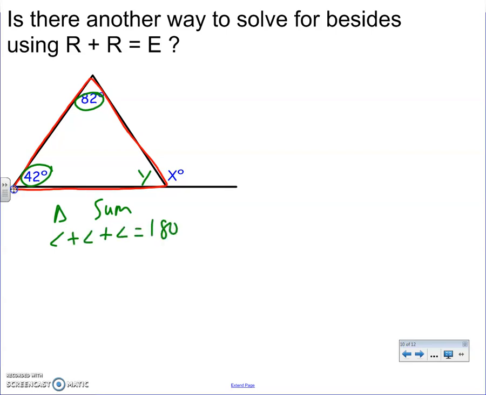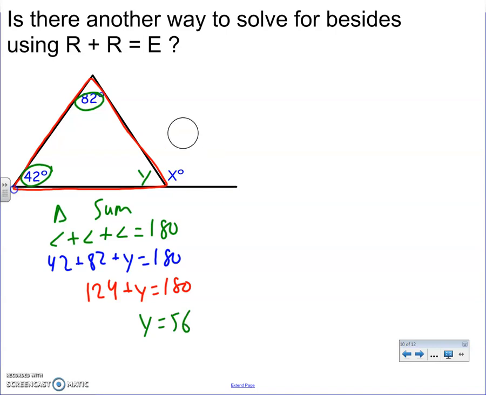Fill in that formula. So 42 plus 82 plus Y equals 180. Combine like terms. That is 124 plus Y equals 180. Subtract 124 both sides. Y equals 56.